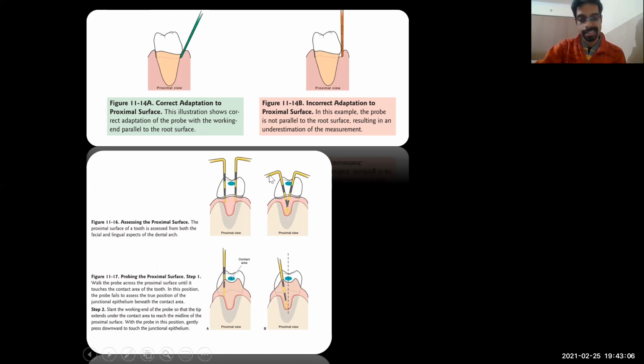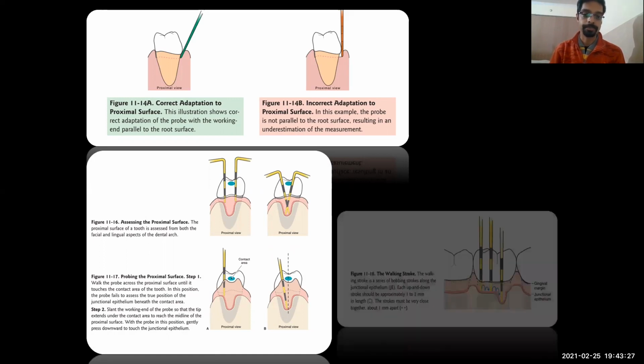What you have to do is slightly tilt the probe so that you can reach beneath the contact point, so that this deep portion can be probed. So we have to probe from the lingual side, we have to probe from the buccal side. This is the way we have to probe beneath the contact areas, that is interproximally.